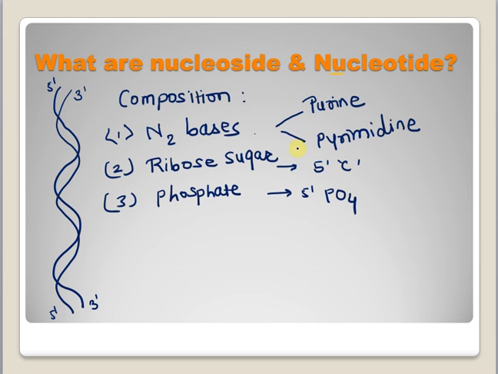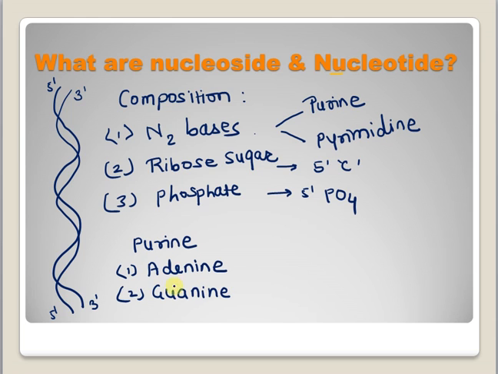The nitrogenous bases we have studied are categorized into purine and pyrimidine. Again, these are categorized into 2 groups. The purines consist of adenine and guanine.